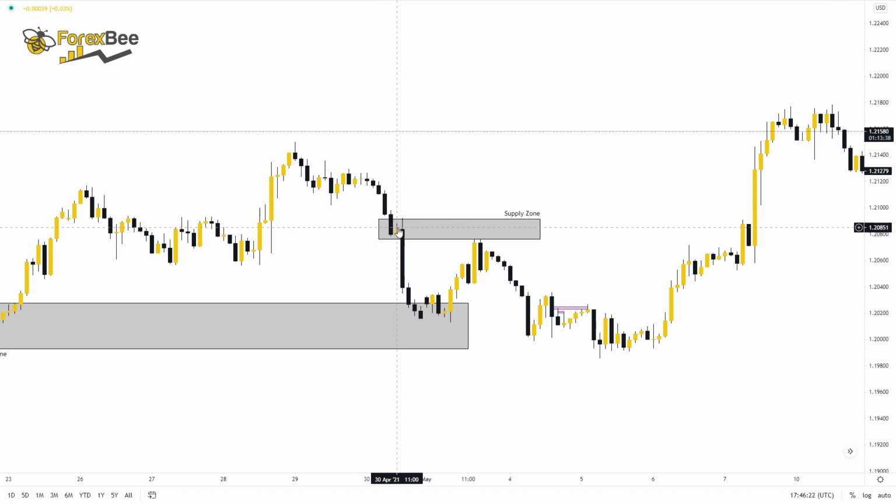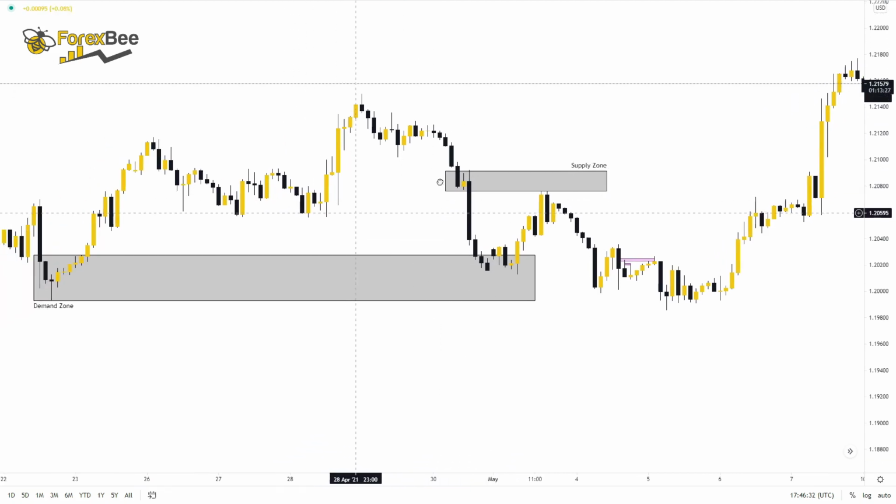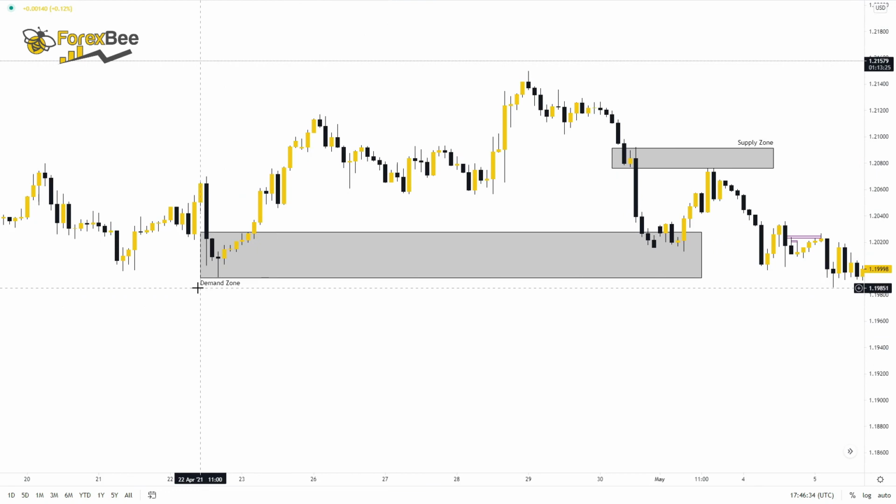If there were more base candles in between these two big candles, this zone would have been weakened. Let me show you another example. Here you can see that there is a demand zone created, with one big candle, this one, and another big candle, this one, and then there are some base candles.